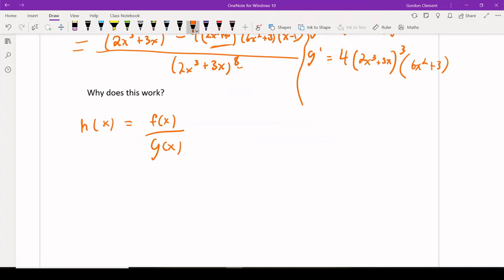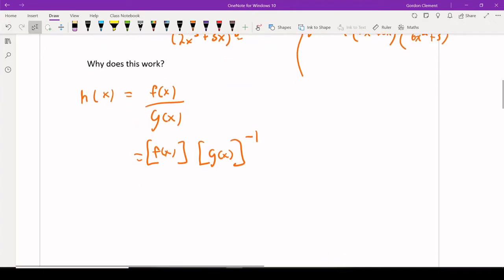I can turn a quotient into a product, so I'll make it f of x times g of x to the negative 1. And then I can use the product rule, f prime g, g primed f. So f primed times g, and g isn't just g, it's g to the minus 1, plus g primed f.